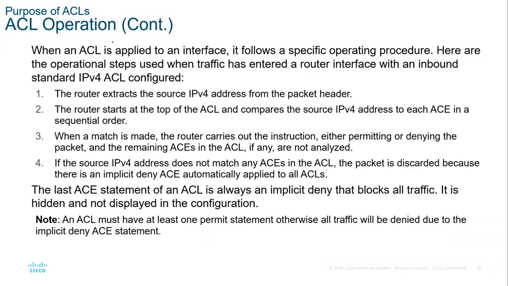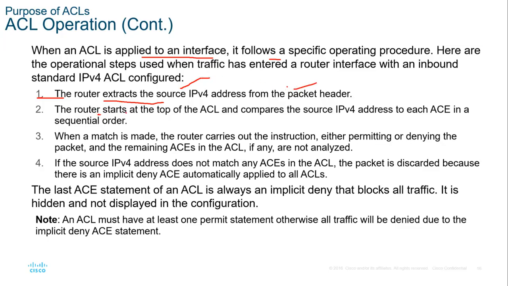So when an access control list is applied on an interface, it follows a specific operating procedure. Here are the operational steps. Step number 1, the router extracts the source IP address from the packet header.